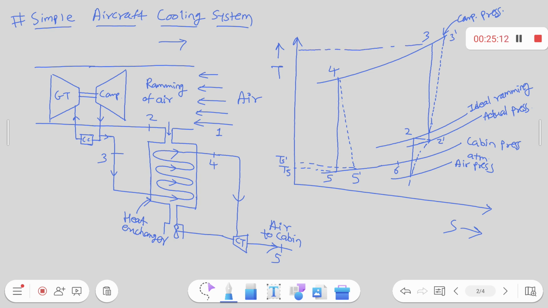Here also T3 is here and T3 dash is slightly higher, right? Then next process is what? Heat absorption inside the aircraft, the cooling process, which is 5 dash to 6.